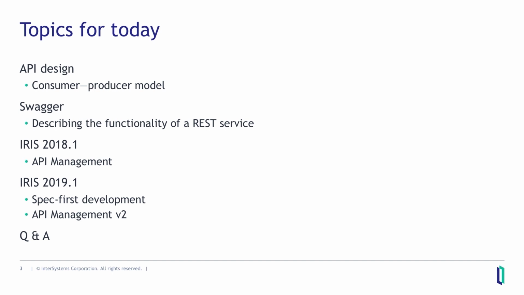We'll start with API design at kind of a high level, take a look at some core concepts so we can get an idea of how we can change our thinking to improve the development process. We'll then move into Swagger, a popular convention in the industry for describing the features of a REST service. And that's going to come into play in the two features that I want to highlight that are new to InterSystems Iris.